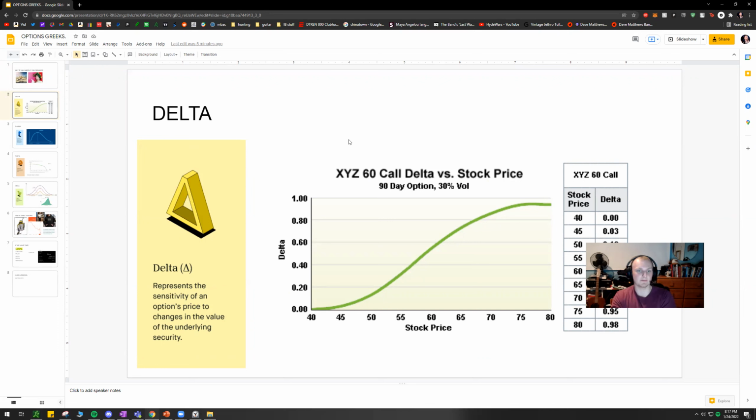So basically, let's start with delta. Delta is basically how much the option's price changes depending on where the stock price is. To make that a little more simple, let's say I have an Apple 100 call, and Apple's trading at $50 a share.